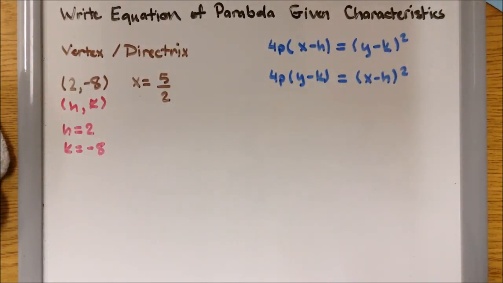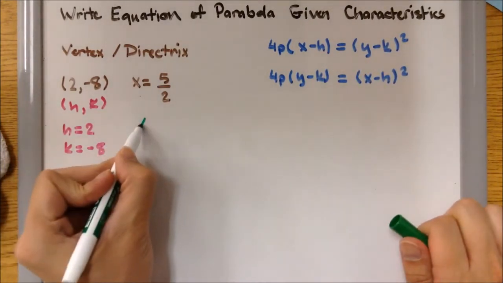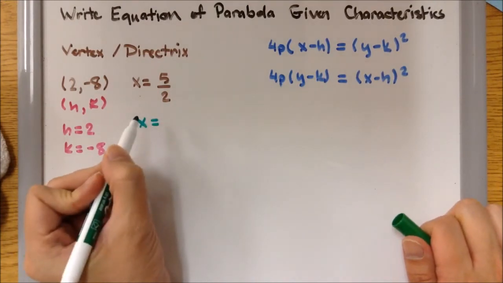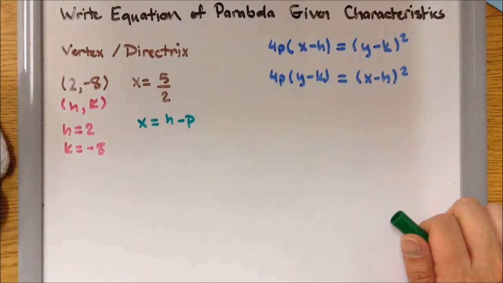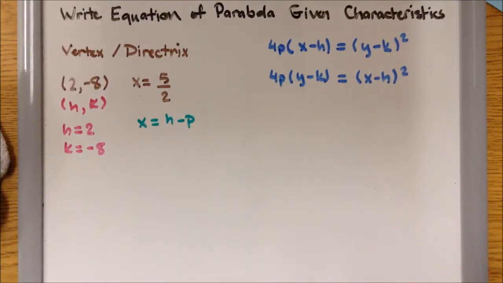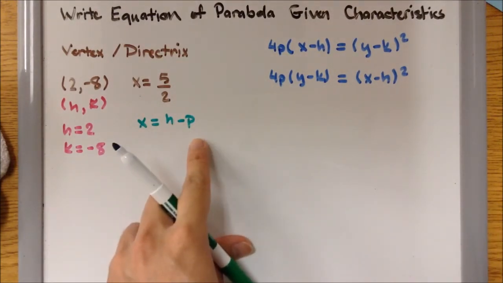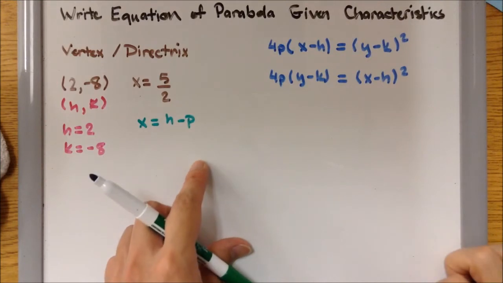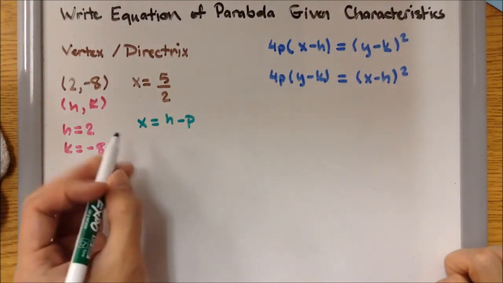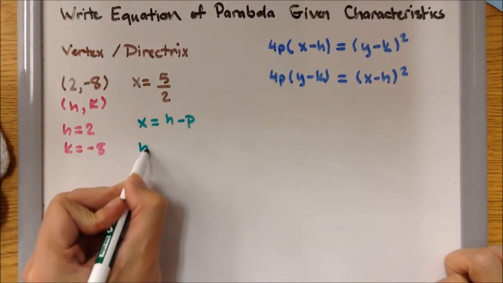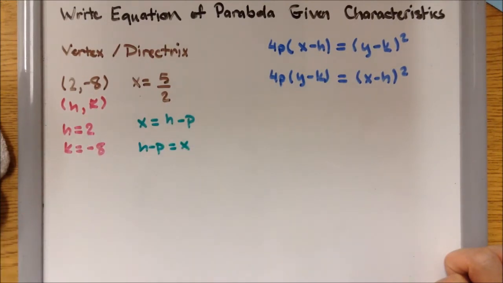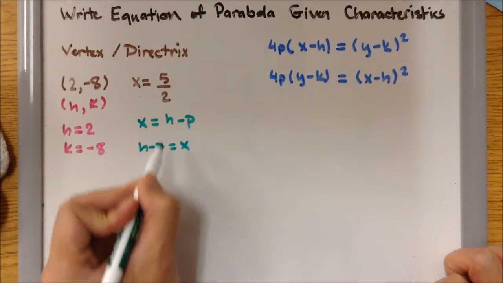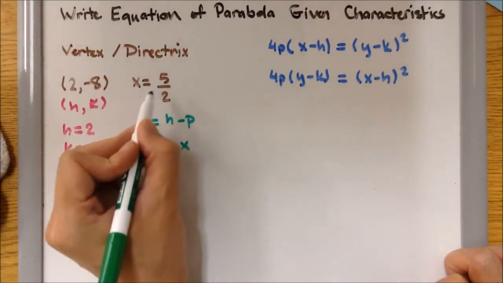So the formula for the directrix is x equals h minus p. So that's going to help us identify the value for p. What I'm going to do is switch it up, so it's going to be h minus p equal to x. Therefore, we have our directrix, so x equals 5/2.